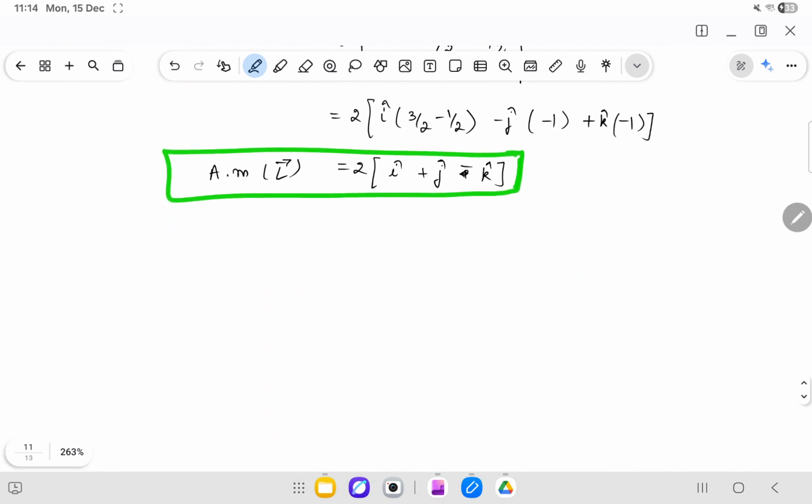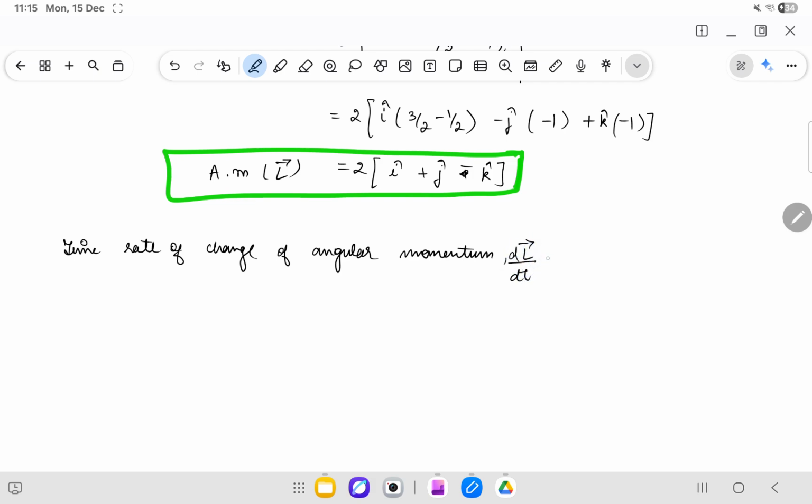The time rate of change of angular momentum will be given by the derivative of L vector with respect to t.